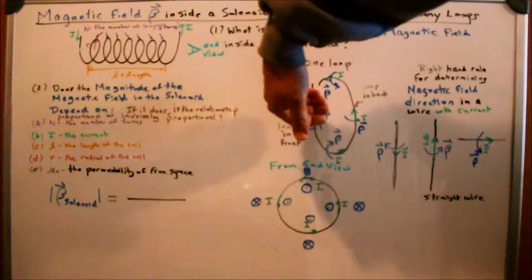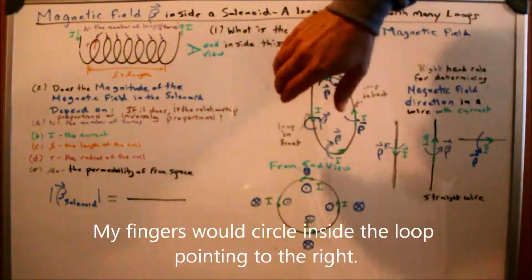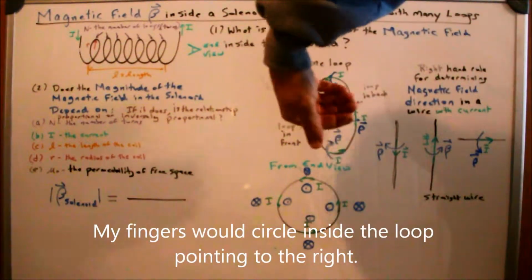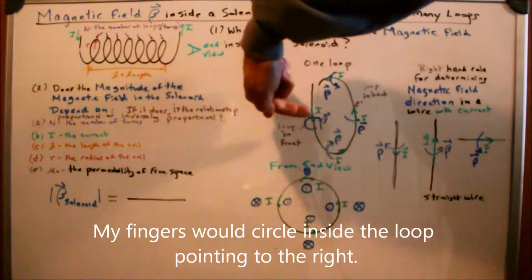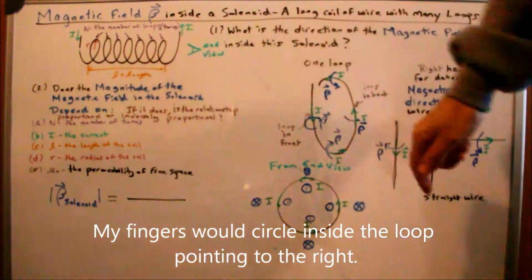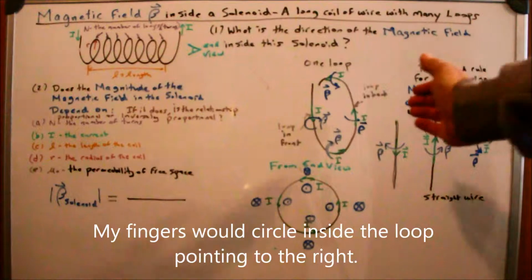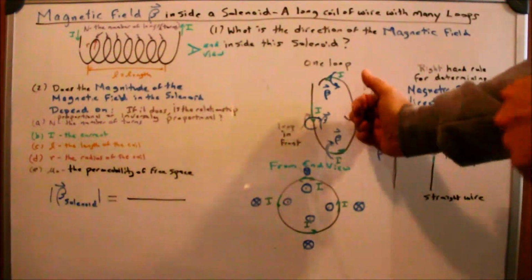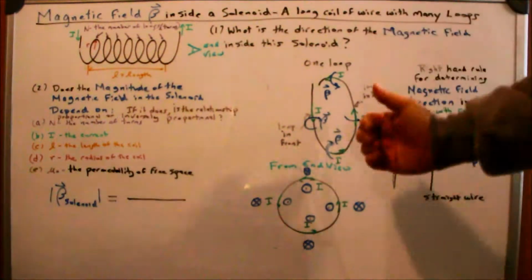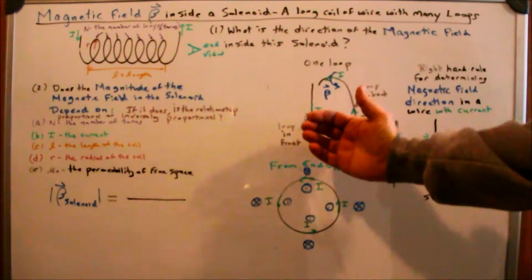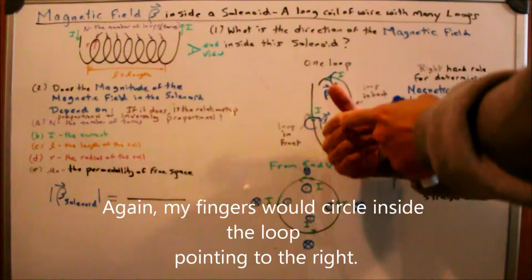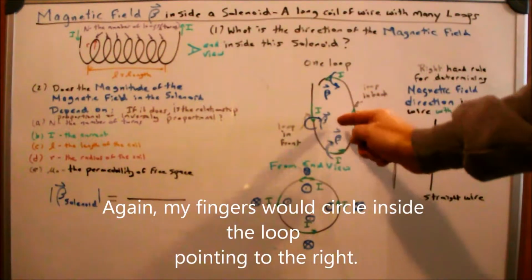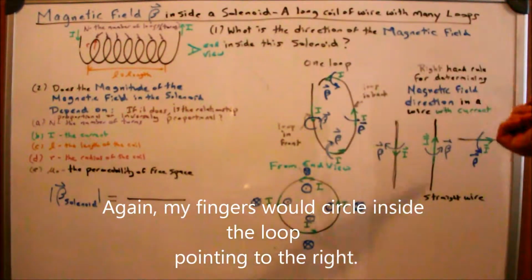You can see this loop is coming around, and my fingers in the middle are inside that loop, saying the magnetic field is going to the right. Then if I look at the back, way behind the sheet, the current is going up. If I wrap around, inside this loop the magnetic field is again going to the right.